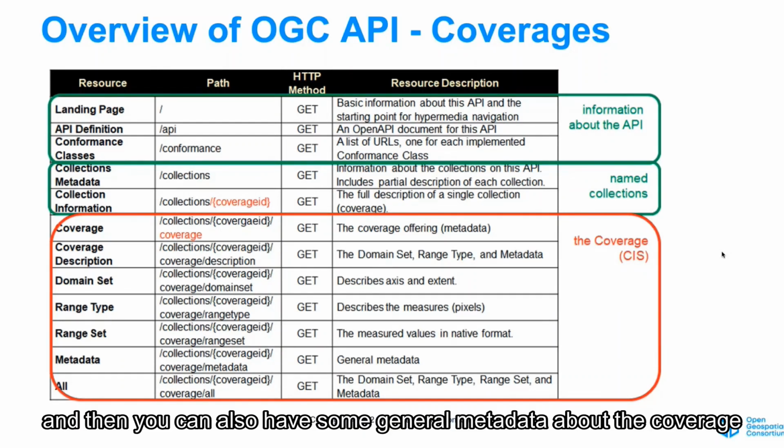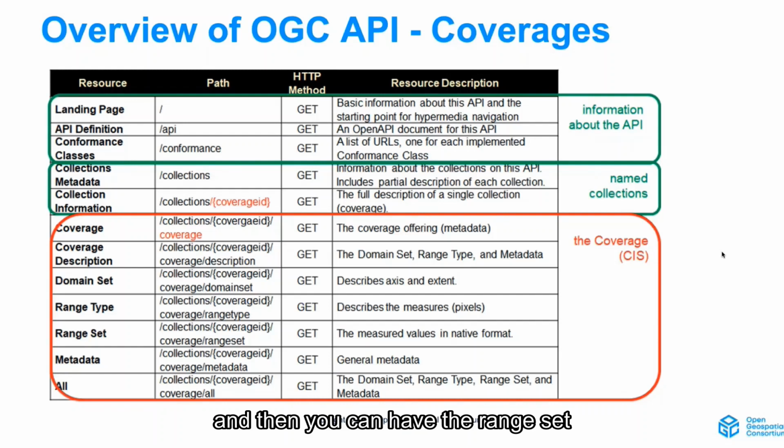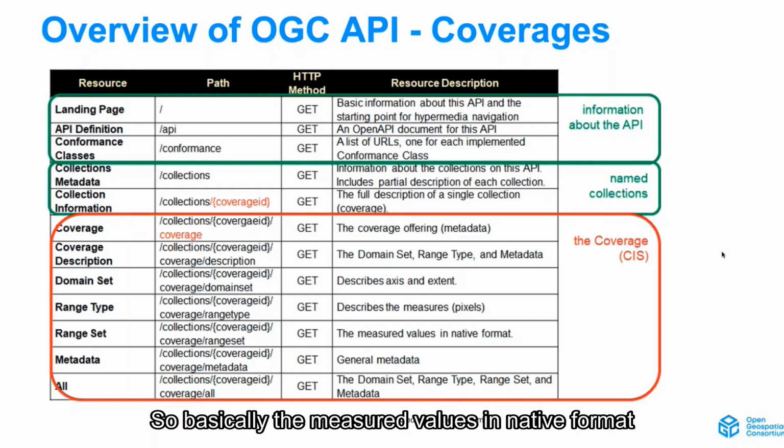And then you can also have some general metadata about the coverage, and then you can have the range set. So basically, the measured values in native format.